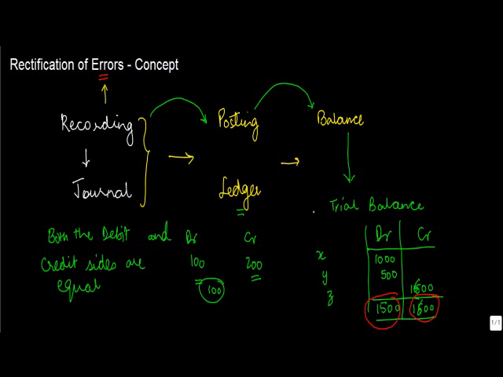There may be some errors in that also, but generally, if these two sides tally, what we assume is that the postings have been done properly. And if not, then the chances are there are some errors. And what are these errors? Now, when we talk about errors, what are the various kinds of errors which may be there? I'll just tell you about the classification of these errors. In terms of the details, we will see them a little later.